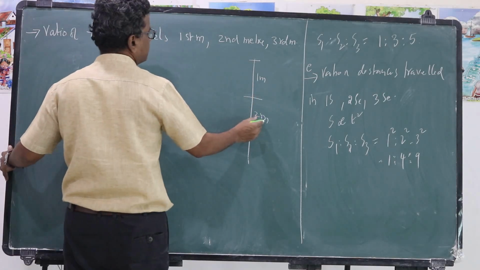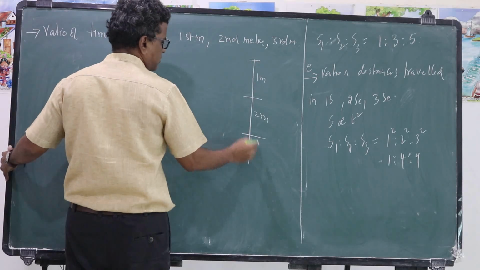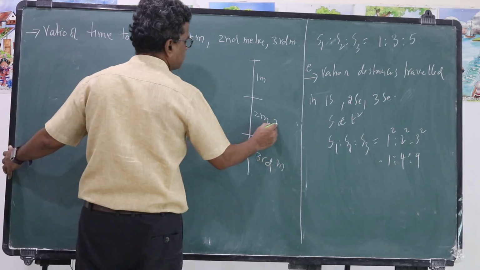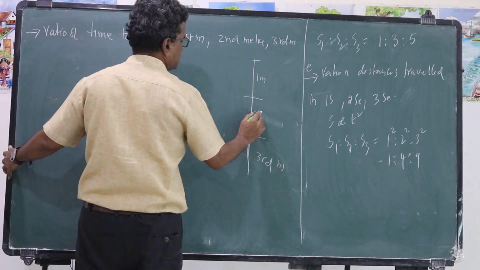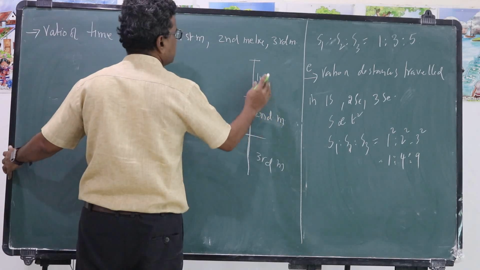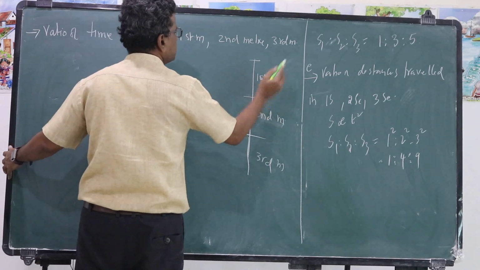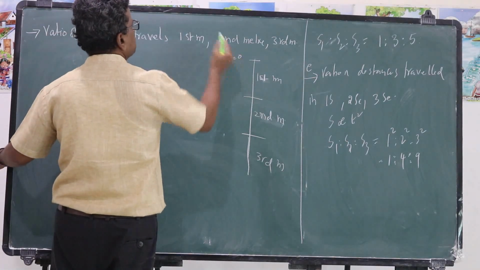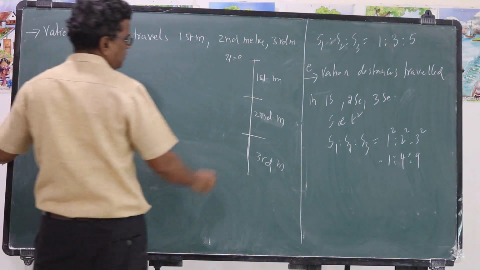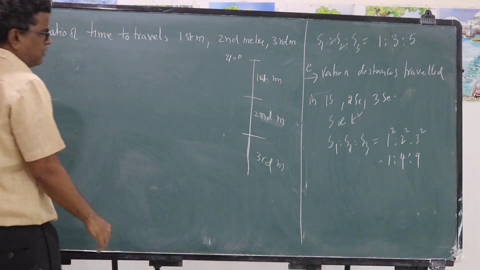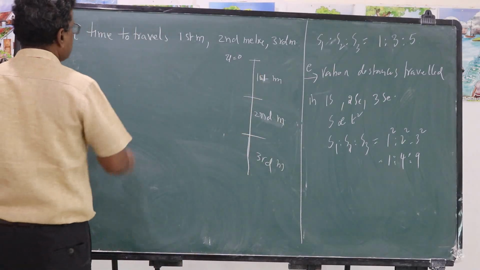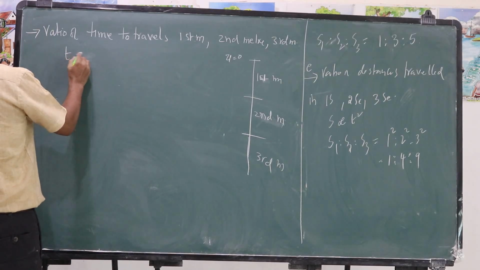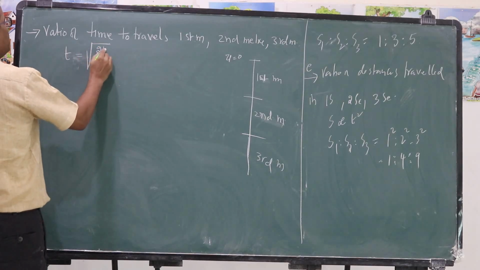First meter, second meter, this is the third meter. I want the ratio of times. So T is given by square root of 2h by g.